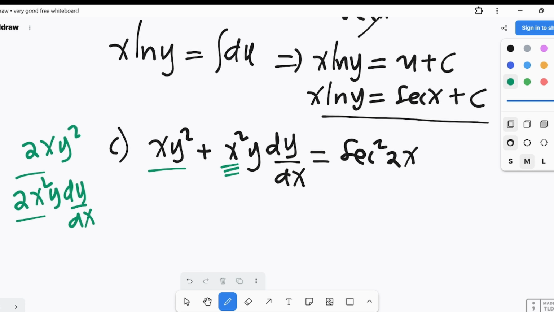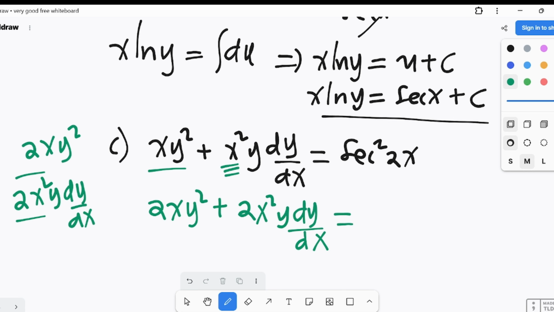To retain it, you multiply throughout by 2, such that you have not changed anything. So when you multiply throughout by 2, you have 2xy square plus 2x square y dy by dx is equal to 2 sec square 2x.